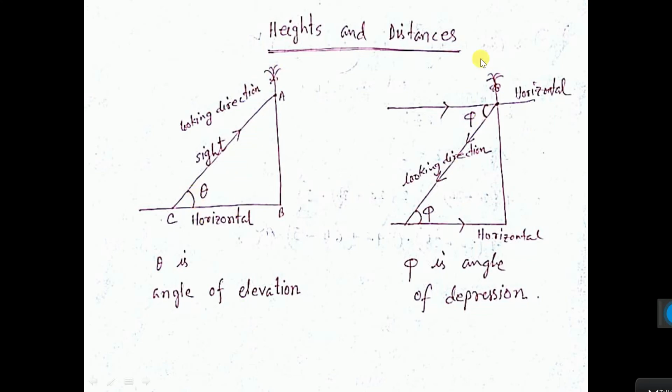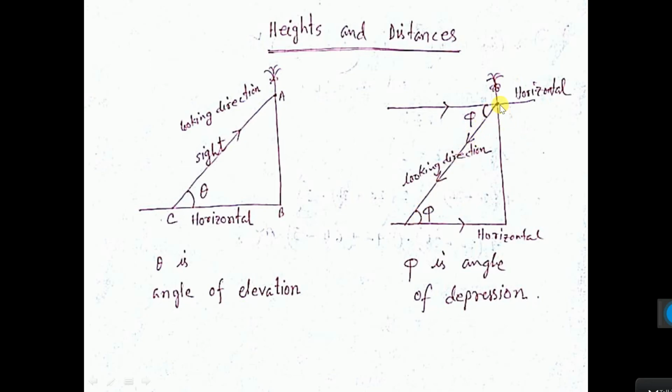Now I'll tell angle of depression. This is the diagram. Let's say one tree is there which is perpendicular to the ground, and one person is here at this point and looking towards this point. Towards down he is looking. So this is the looking direction. See the arrow?